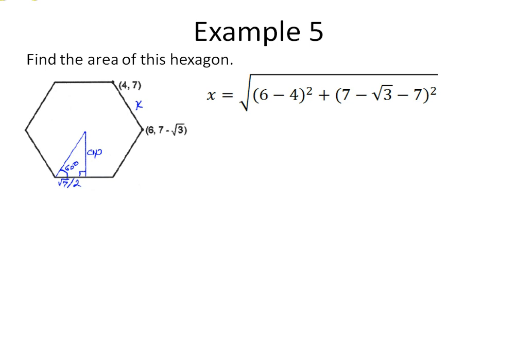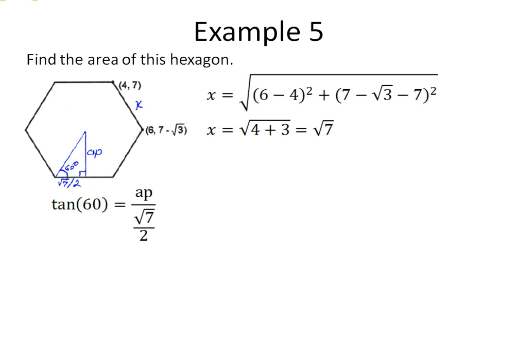So 7 minus 7 is equal to 0, which leaves us with just the negative square root of 3. When we square these, 2 squared gives us 4, square root of 3 squared gives us 3, so 4 plus 3 equals 7. So we're left with x, the length of the side here, equal to the square root of 7.